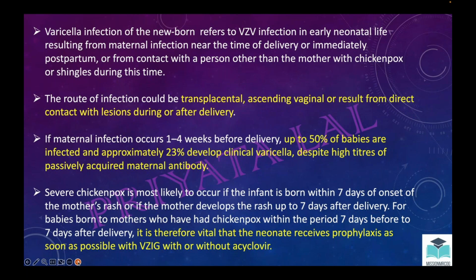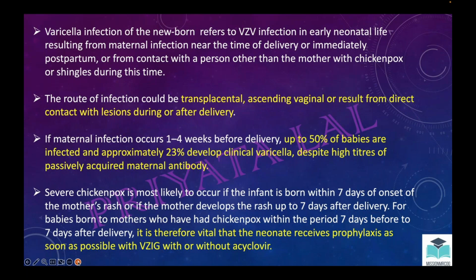Severe chickenpox infection is most likely to occur if the baby is born within 7 days of onset of the mother's rash, or if the mother develops a rash within 7 days after the baby is born. In both situations, the baby would be at risk. Because of that, the baby would need to be offered prophylaxis with varicella zoster immunoglobulin, with or without acyclovir.